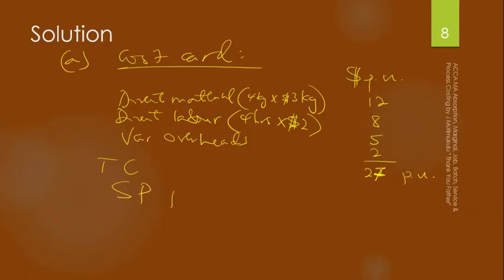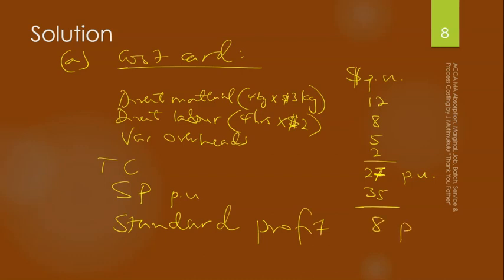Okay, so this means that our standard profit should be the difference, which is $8 per unit. We are done with the cost card.